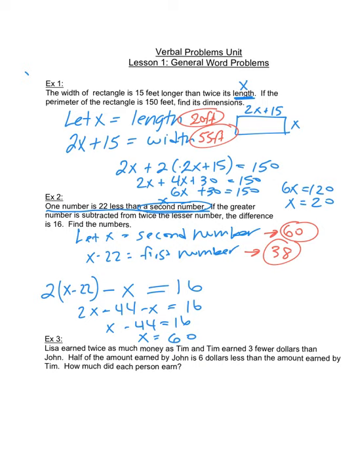The last example, you have a comparison of 3 people. Lisa earned twice as much money as Tim, and Tim earned 3 fewer dollars than John. In here I have 2 comparisons. You could let x be the amount of money John earns.